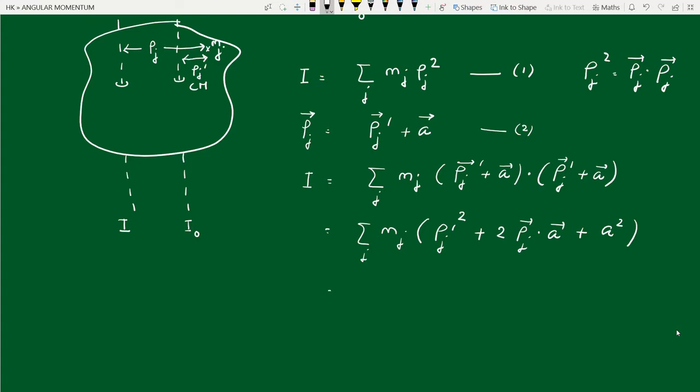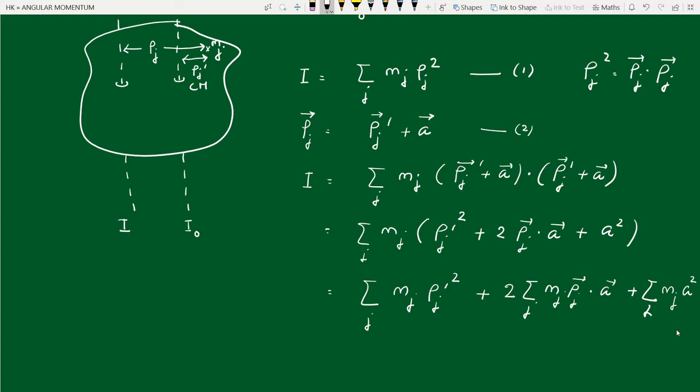So we can express this as 3 terms: summation over j mj rho j prime square, plus 2 times summation over j mj rho j prime dot a, plus summation over j, the last term, mj a square.